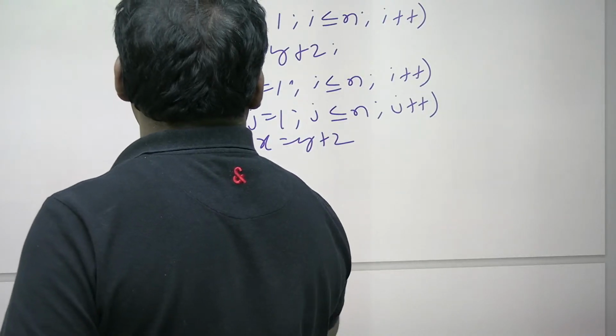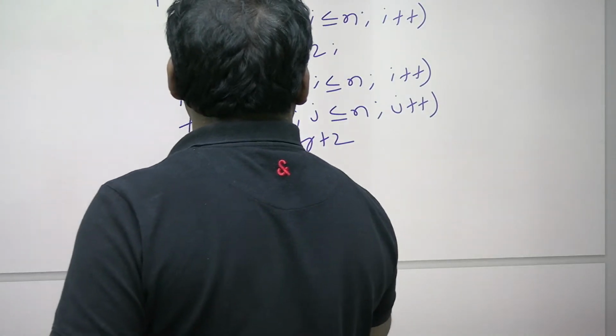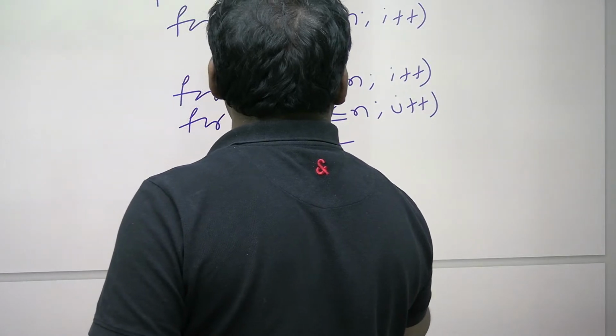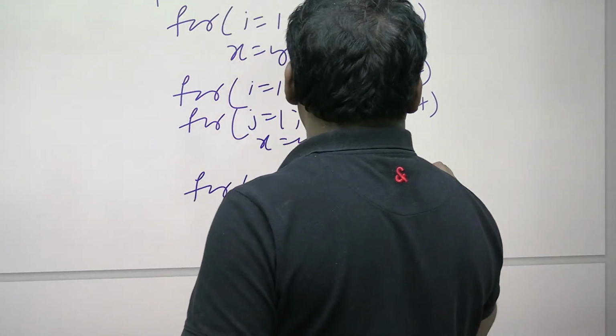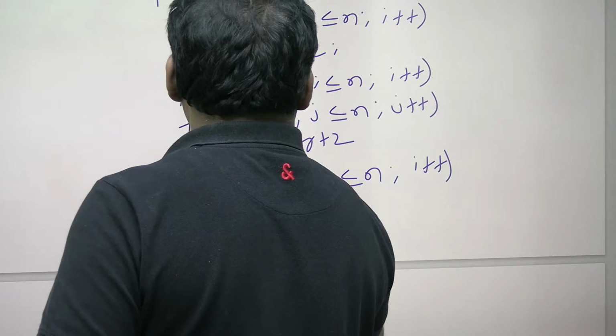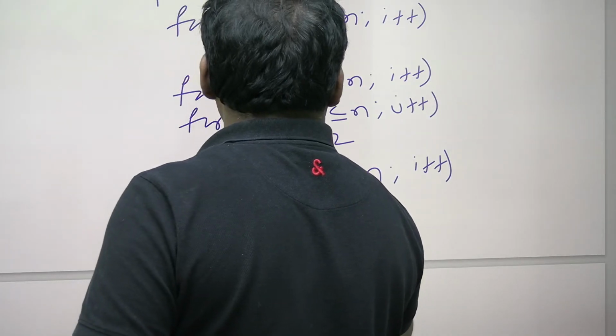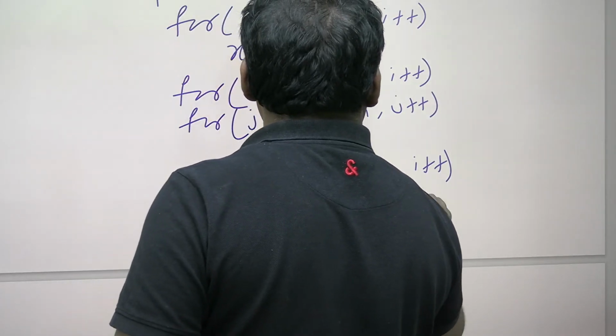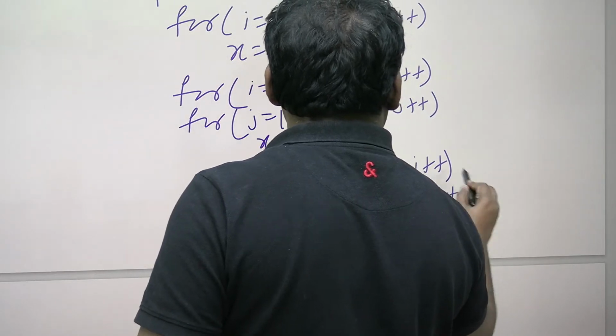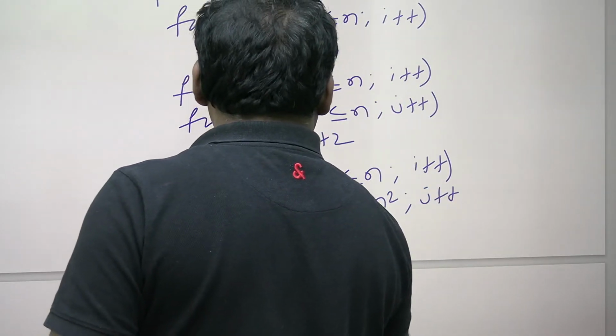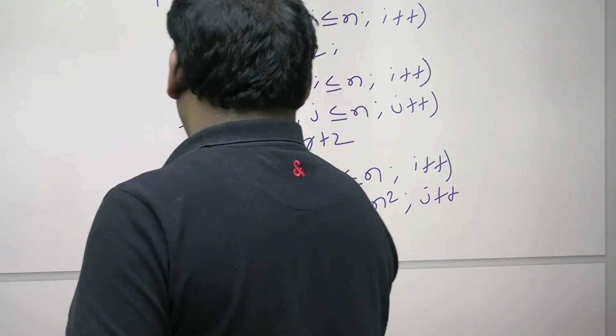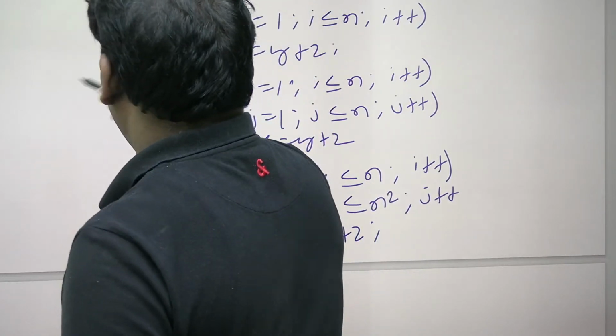For i is equal to 1, i less than or equal to n, j is equal to 1, j less than or equal to n, j plus plus, x is equal to y plus z. End of the entire program.